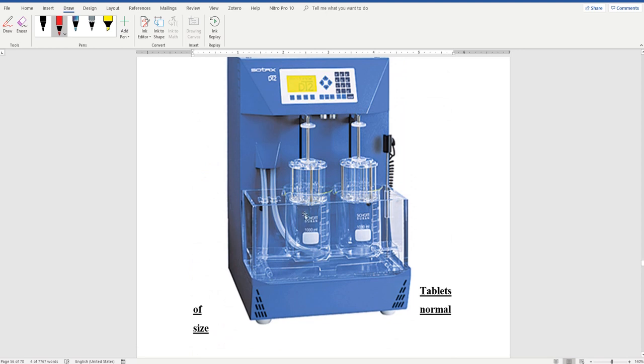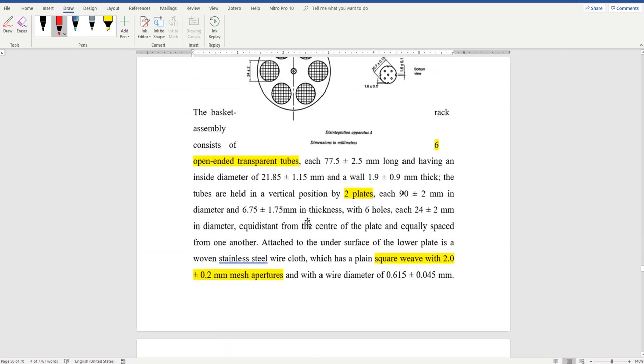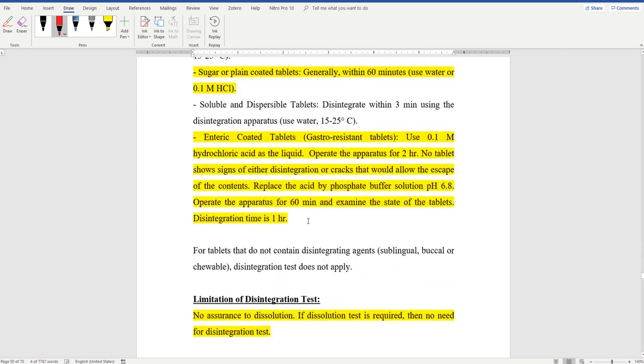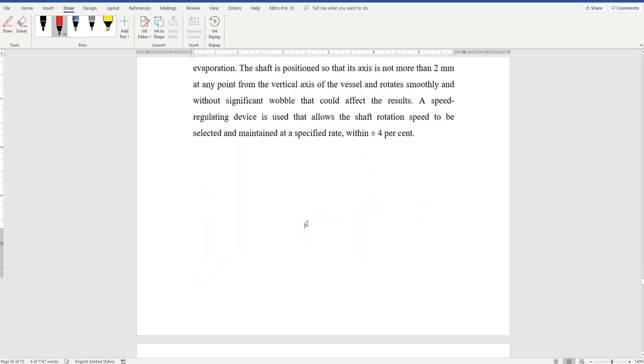Why? Because the basket goes away from the beaker. As you see, it's up now, and it's exposed to the environment. The beaker is exposed directly to the environment, so controlling temperature here is more difficult than in the case of dissolution apparatus.